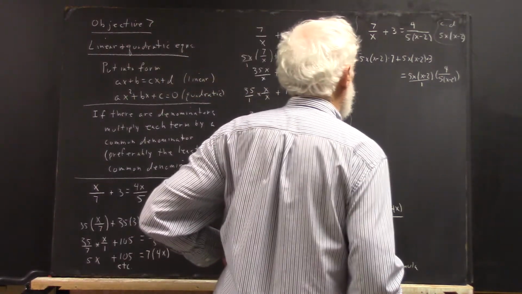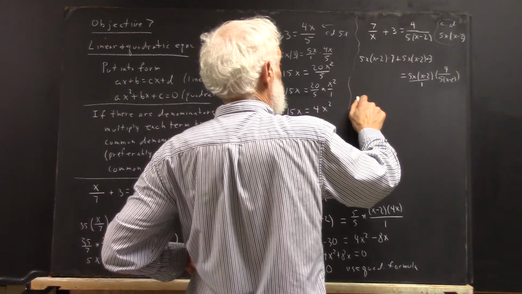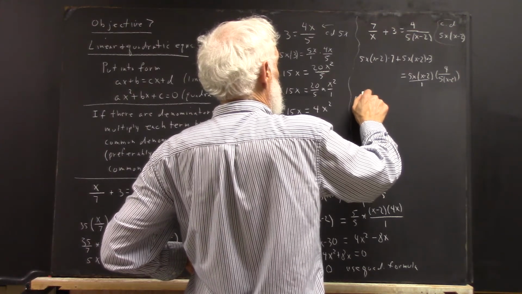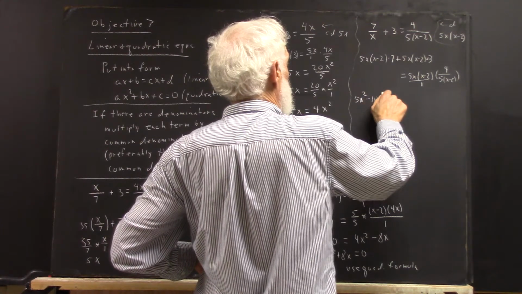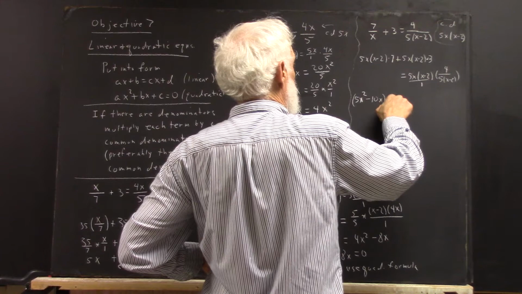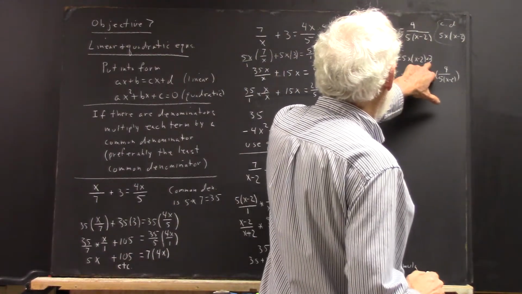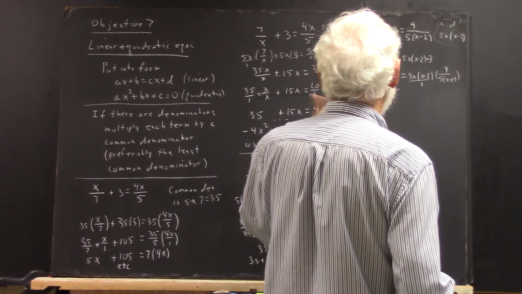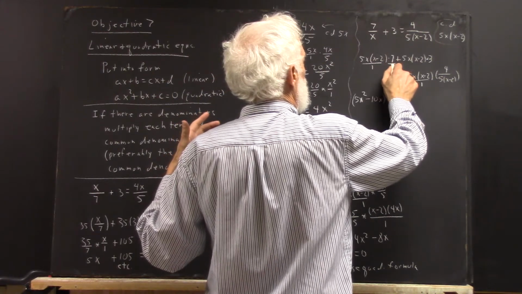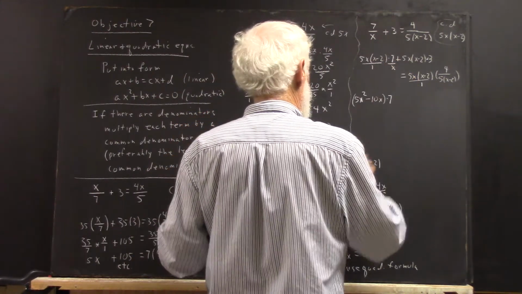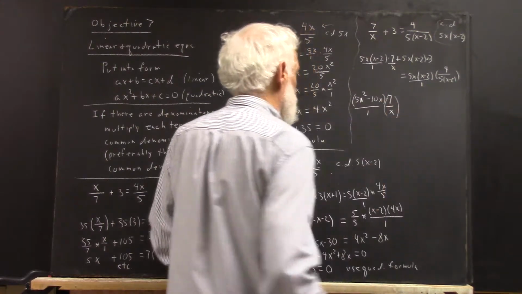Okay. Well, 5x times x minus 2 is 5x squared minus 10x times 7, and 5x times x up... get a little sloppy.